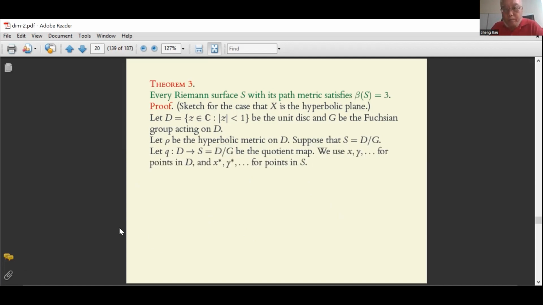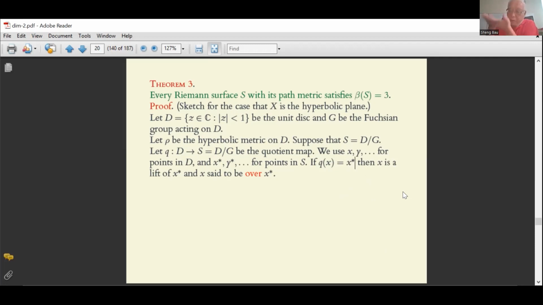Use x, y for the points in D and x asterisk, y asterisk for the points in the quotient. Don't get confused. I get confused by this sometimes myself. And if the quotient maps x to x asterisk in the quotient space, then we call x the lift.